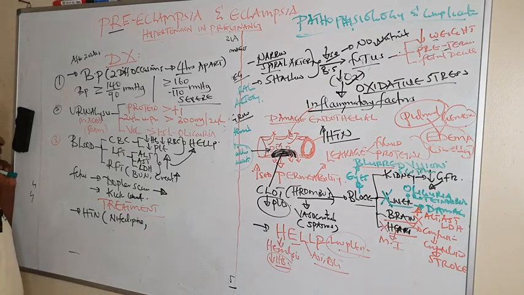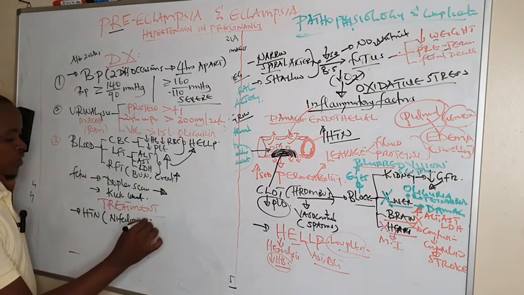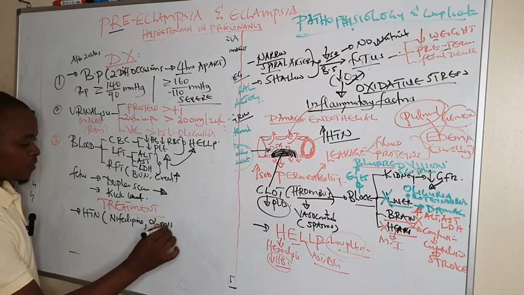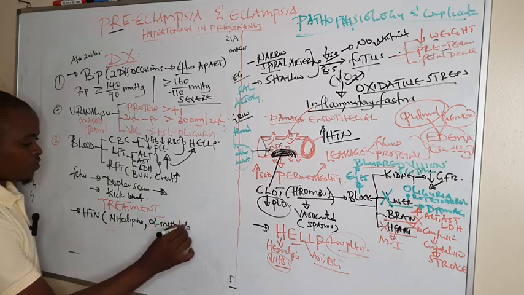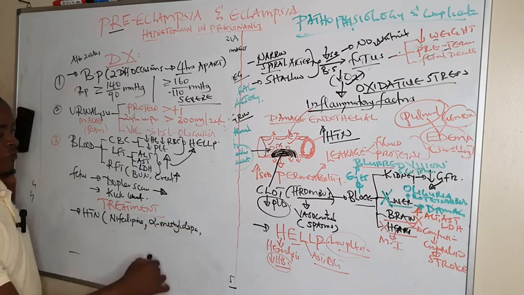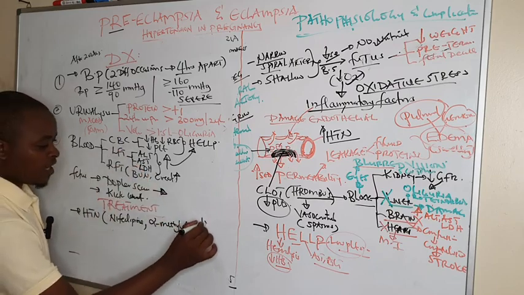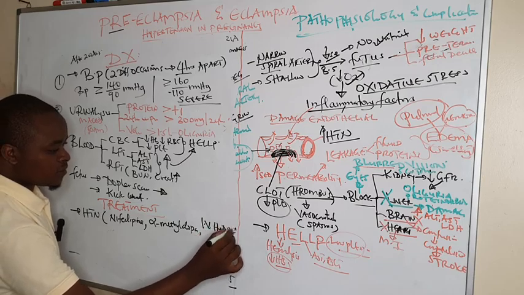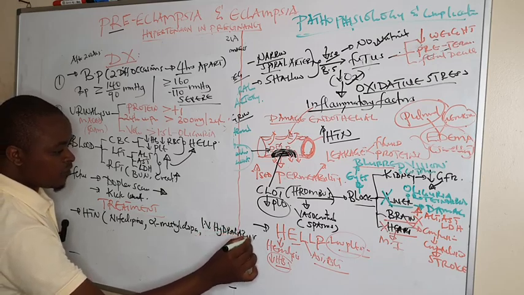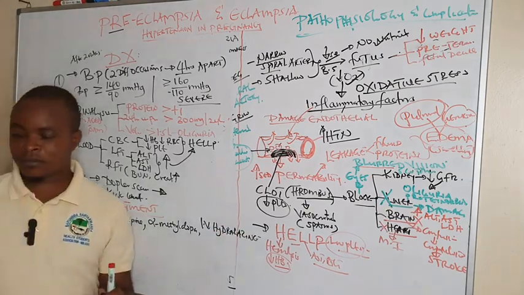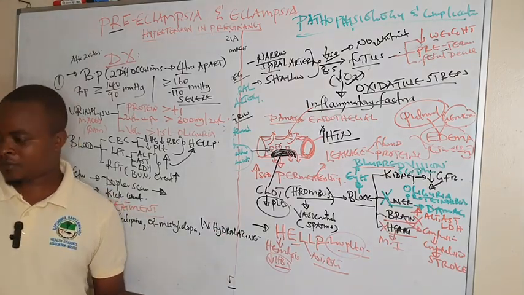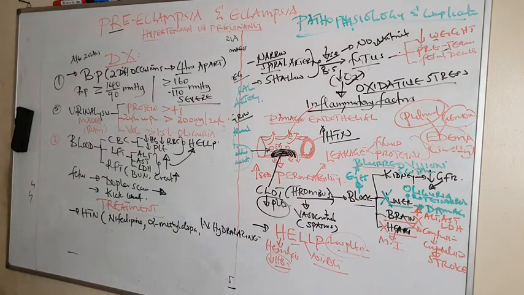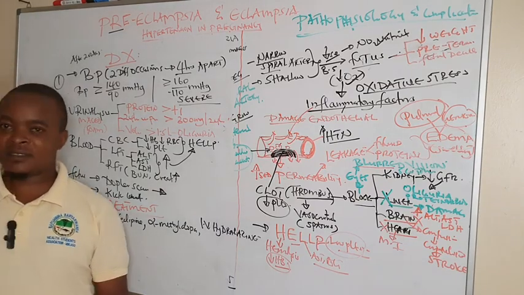Then you can also give alpha-methyldopa. Or if it is severe, you can give IV hydralazine. So that can happen.